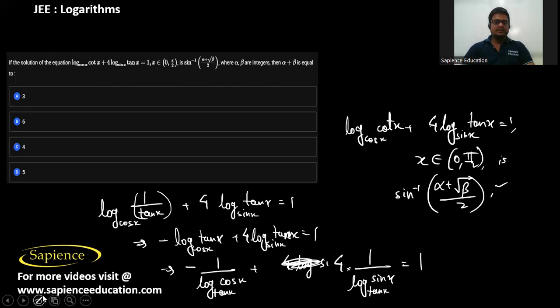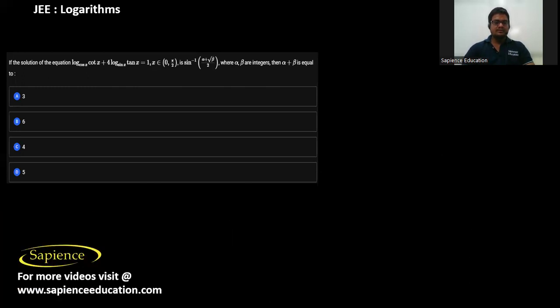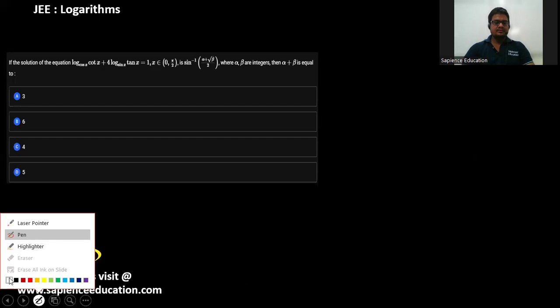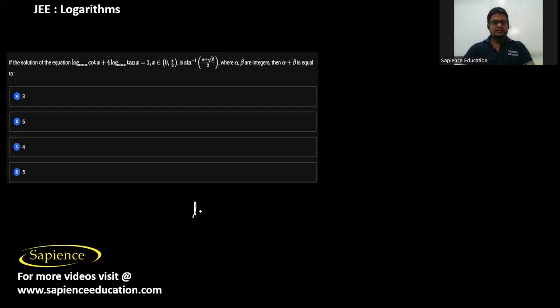Or we can solve it like this also. Log base cos x of cot x, you can write cos x by sin x, plus 4 into log base sin x of tan x, you can write sin x by cos x, is equal to 1.